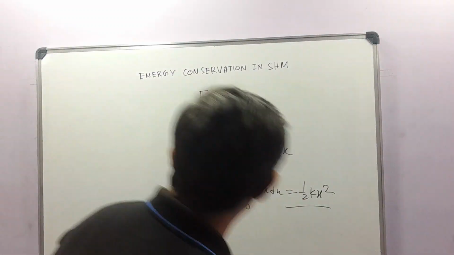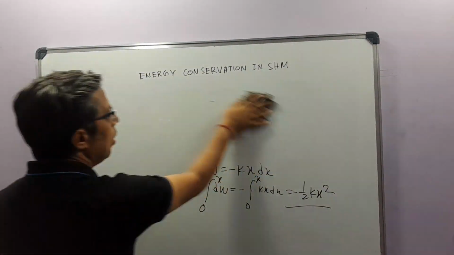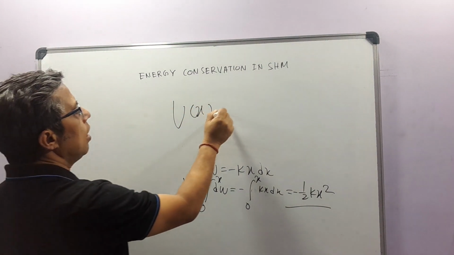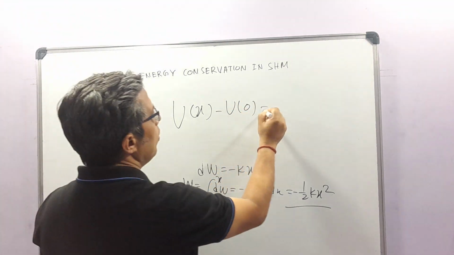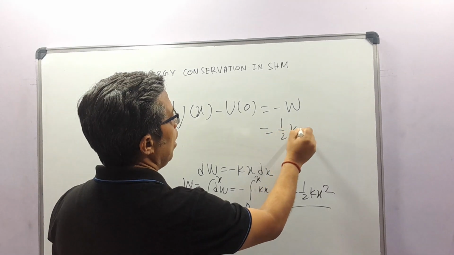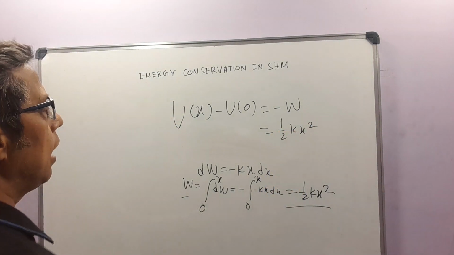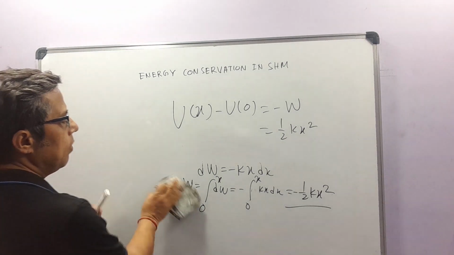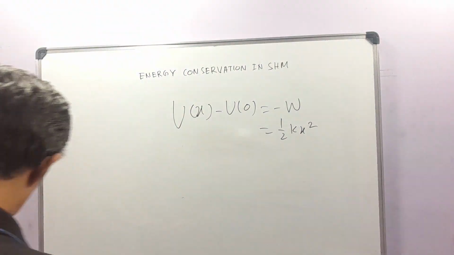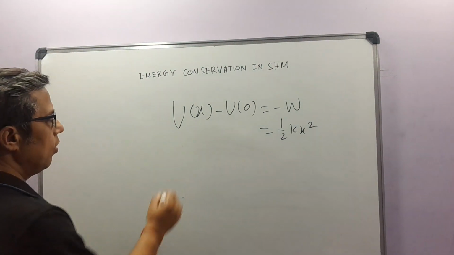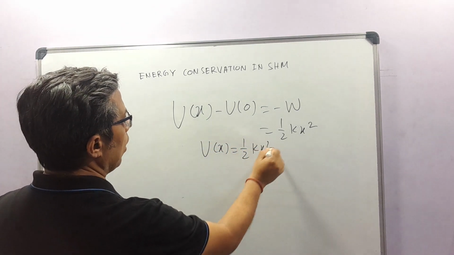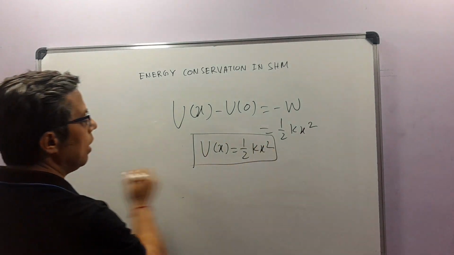So the change in potential energy, Ux minus U0, will be the negative of the work done, that means half kx square. So we have the potential energy between x equal to 0 and x equal to x, and it will be treated as Ux is equal to half kx square. This is the potential energy expression.